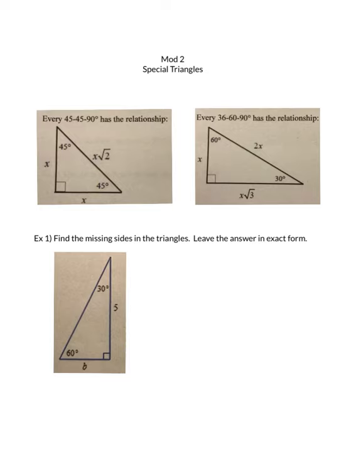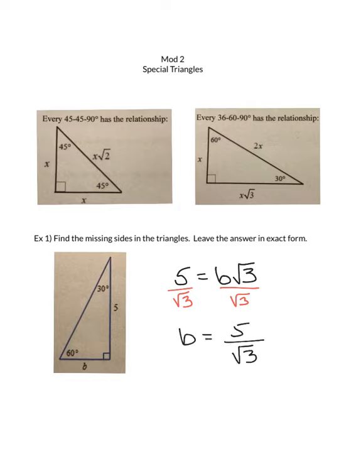So we know that 5, which is our long leg, is the length of our short leg, which is b, times the square root of 3. We want to know what b equals, so we are going to divide both sides by the square root of 3. And we get b equals 5 over the square root of 3.